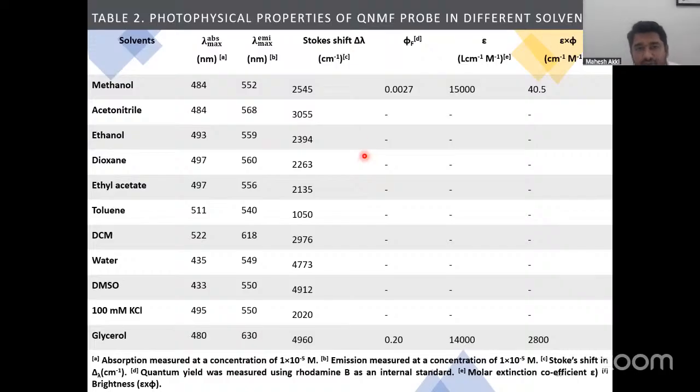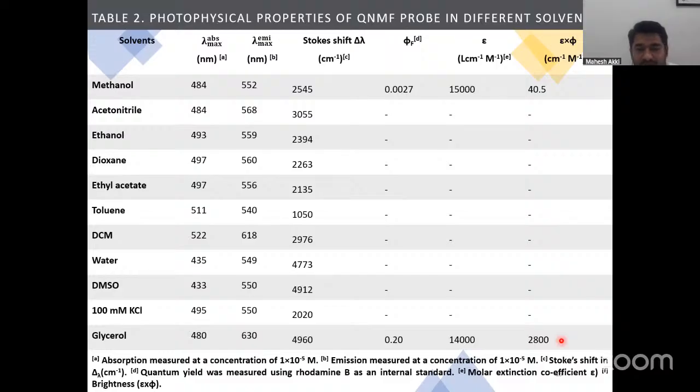Further, we have calculated the quantum yield of the compound QNMF in two solvents, methanol and glycerol. It can be noted that the quantum yield of QNMF in glycerol is around 0.20, which is around 740 times higher than that of methanol, whose value is 0.0027. Further, the brightness of QNMF in methanol was very low, with a value of 40.5, whereas in glycerol it was very high, with a value of 2800.